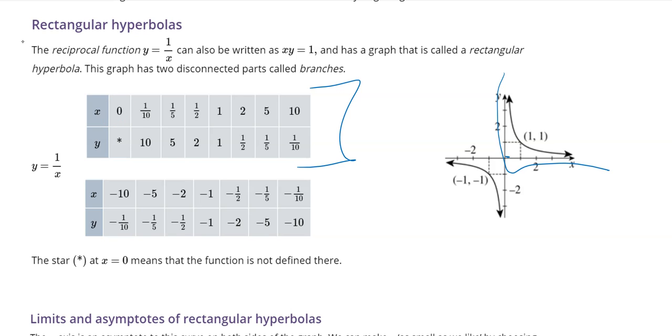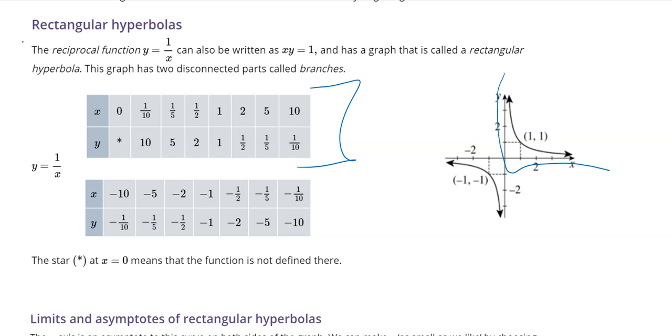Well, they started with 0, but then we looked at 1/10. It's pretty close to the y-axis, and my y value was very high up along that line. As we get closer and closer to x equals 0, our graph gets further and further towards infinity, and it never really crosses over and touches.